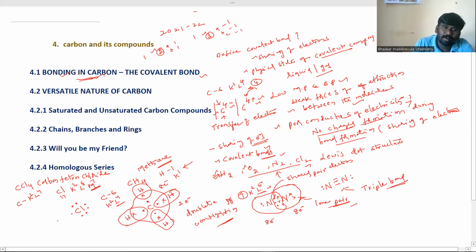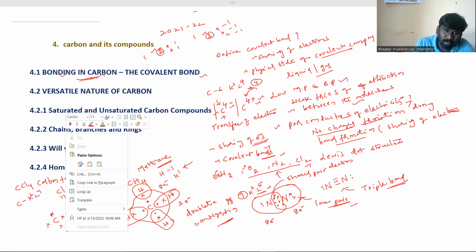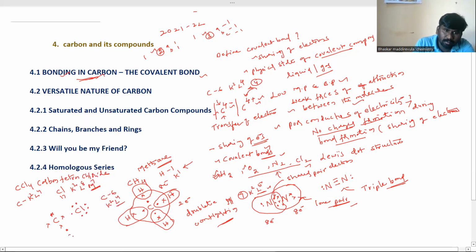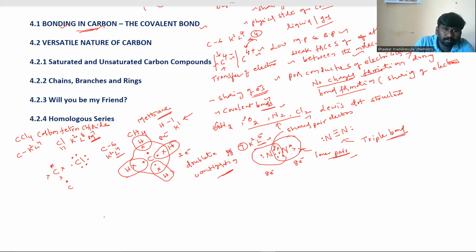So these 4 chlorines share electrons with the 4 electrons of carbon, like this. We know carbon has tetravalence. Carbon shares 1 electron with this chlorine, 1 more electron with the other chlorine, and 1 more with the other chlorine.